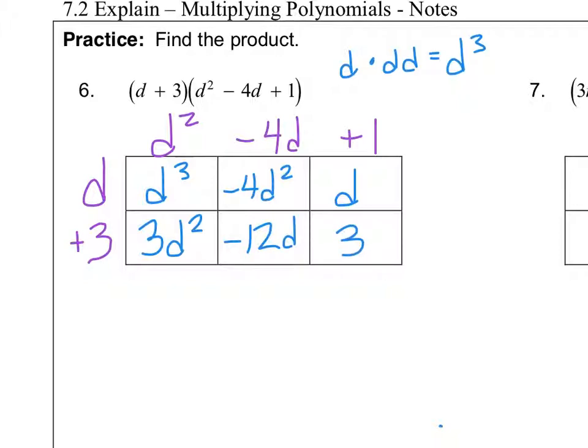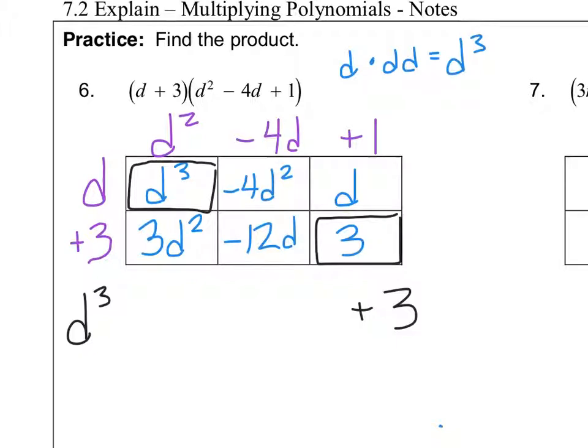Okay, let's notice the pattern here. The pattern is the same. Our first box, if you notice, has no like terms. Our last box also has no like terms. So we can go ahead and write our first term and our last term. But now look, we've got 2 peanut pairs. So instead of just having 1 peanut pair, we've got 2 peanut pairs.